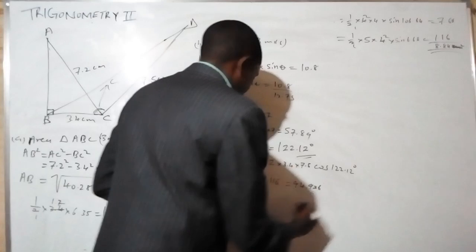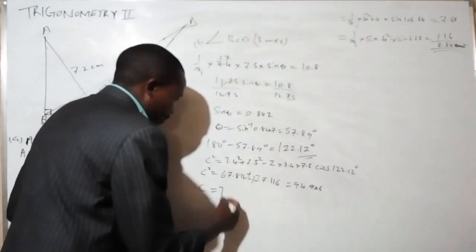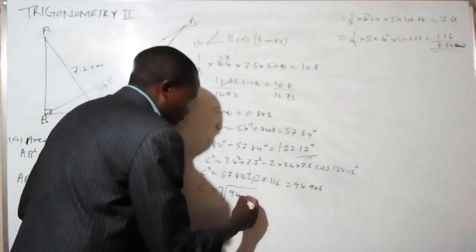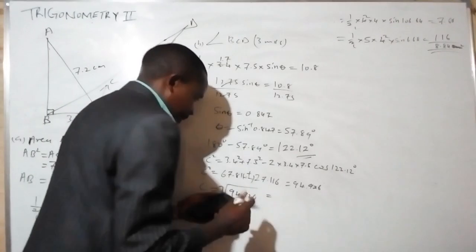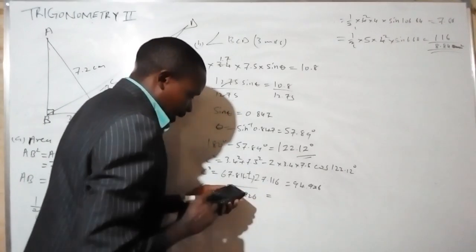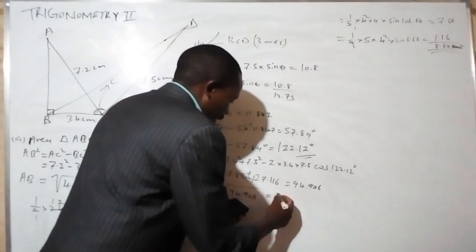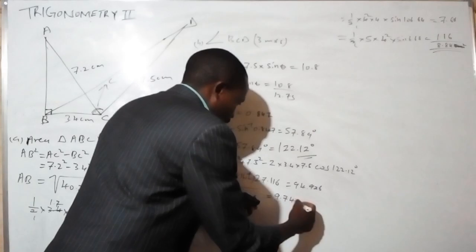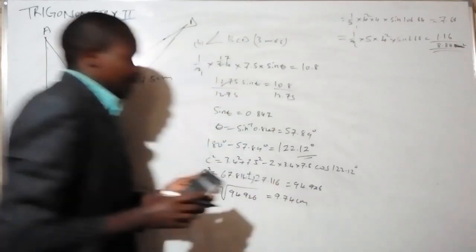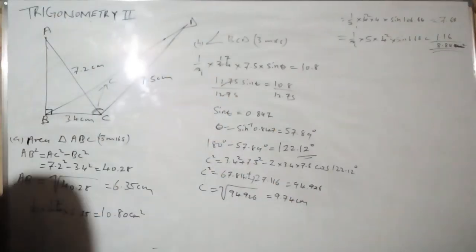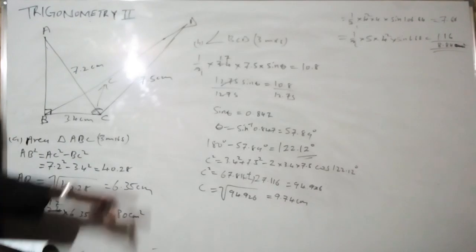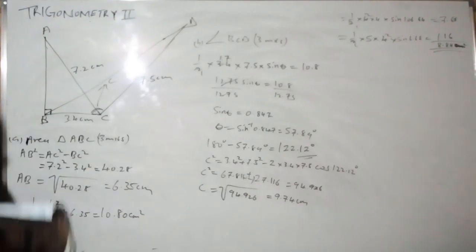Then c is equal to the square root of 94.926, which is 9.74 centimeters. The length of BD is 9.74.